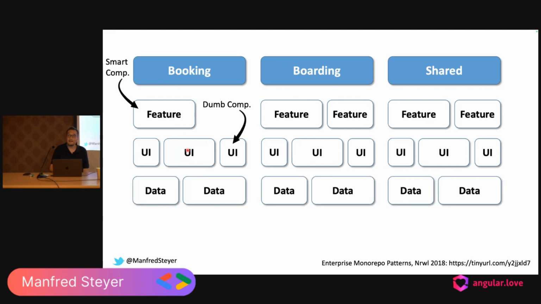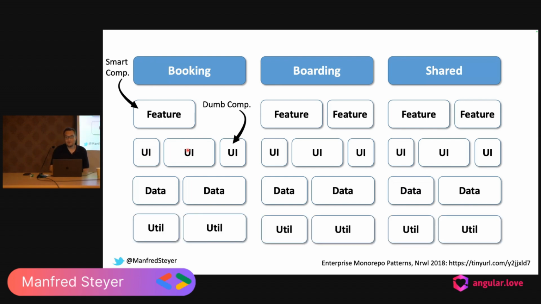You have a data layer communicating with the backend and providing your data model. And you have a utility layer for general purpose utility stuff like authentication or internationalization, calculating dates, and so on.